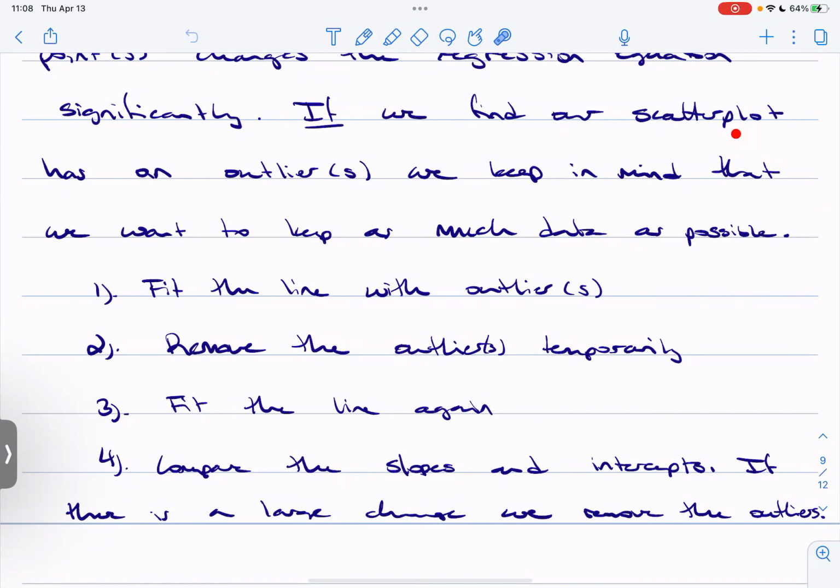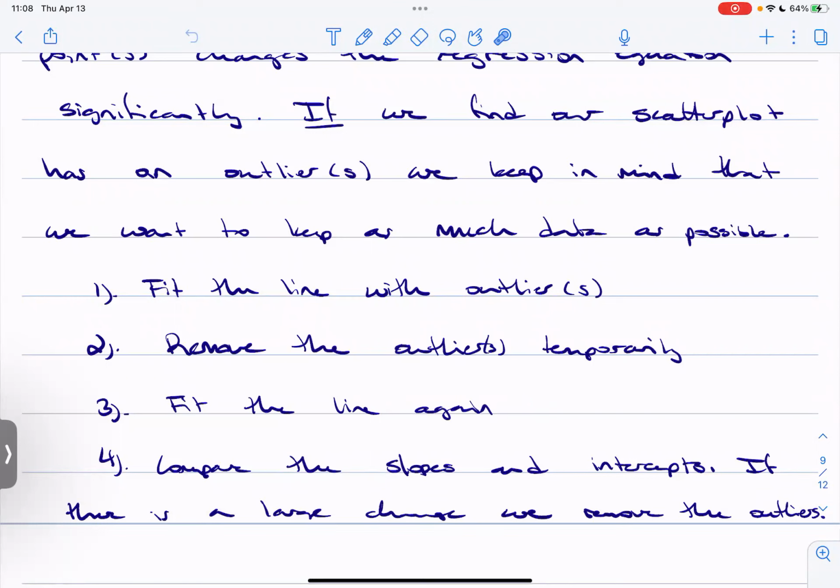Remembering that the main goal is just to keep as much data as you can, right? And so what you're going to do is fit the line with all the data, and then remove the outliers, preferably one by one, just incrementally, temporarily, obviously. And then you're going to fit the line again.